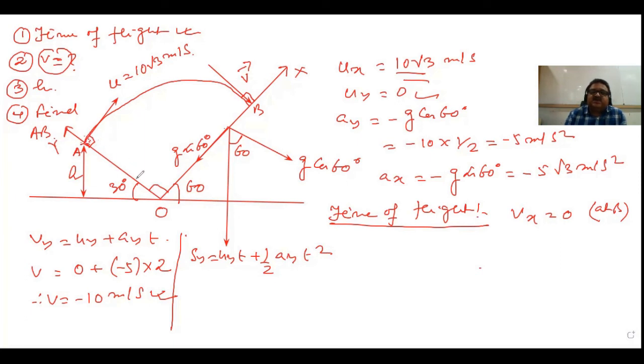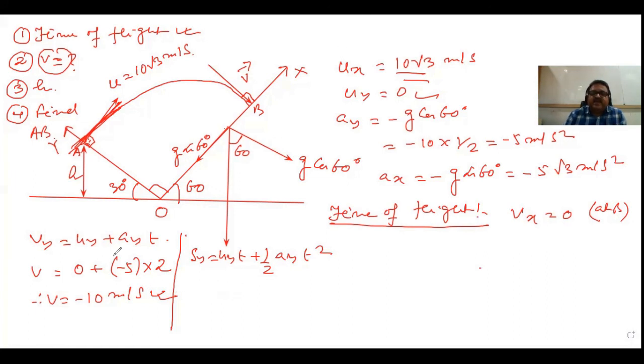Clear? Now, if I consider this as the level of throw, I told you this earlier also, below this we have to consider it as negative, correct? So this is minus h, or you can do it this way also. You don't have to find the sign, you will get the sign automatically.